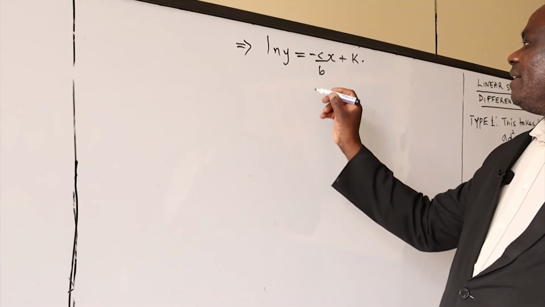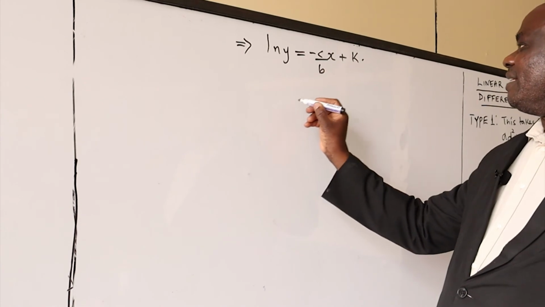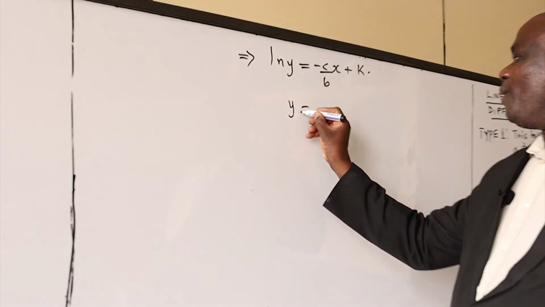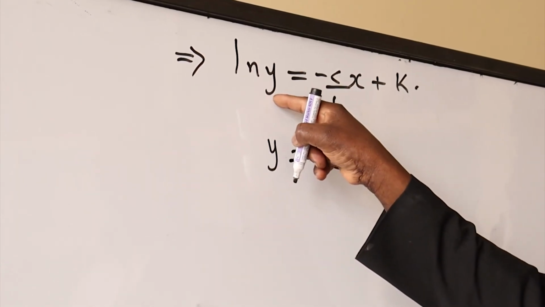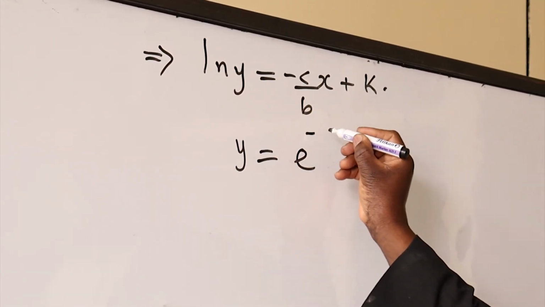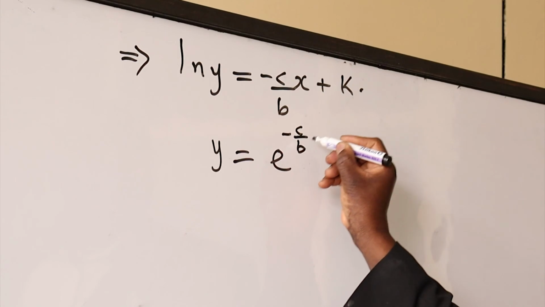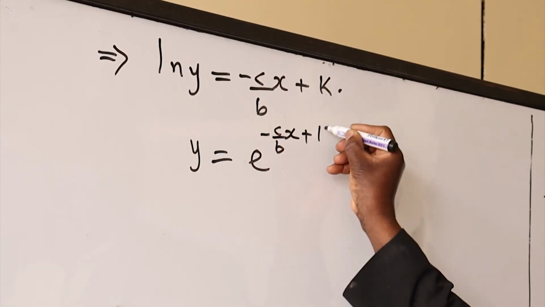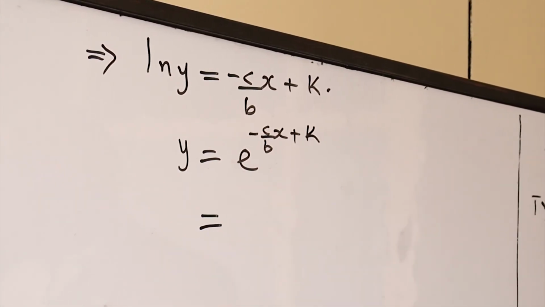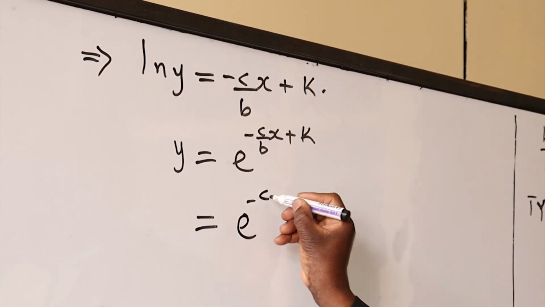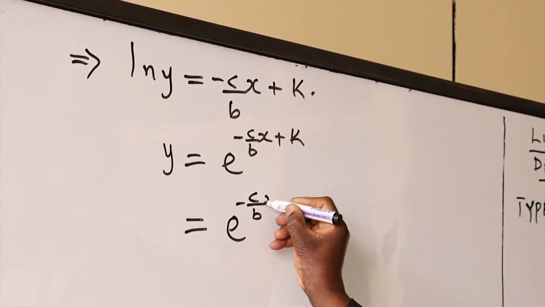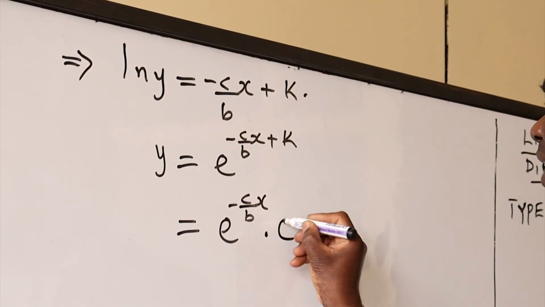So this will now be, if you make y the subject here, y equals e power minus C all over B x plus K, which will be equal, according to laws of indices, to e power minus C all over B x multiplying e power K.